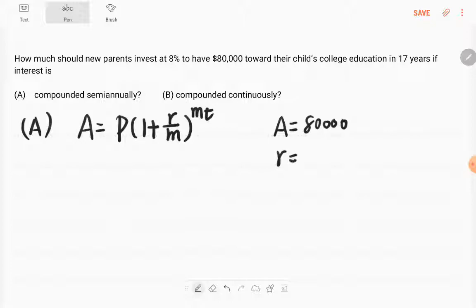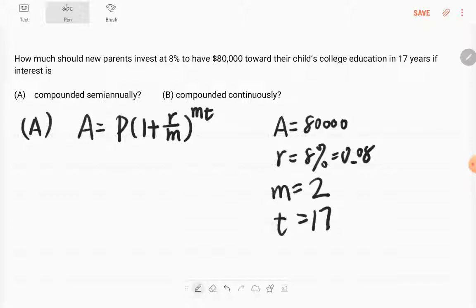R is 8%, which is 0.08. M, because it's semi-annually, equals 2. You have 2 compound periods. And T is 17 years, so T equals 17. So we have everything except P. The question is how much the new parents should invest, so it asks you for the present value.